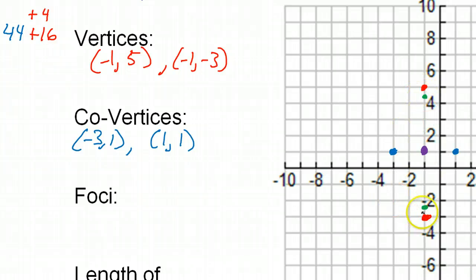I'm hoping you can see that the x coordinates are very clear. Both of these green foci are on this vertical line at -1. So we know the foci will be -1 comma something. Okay, we know the x value for both points is -1.